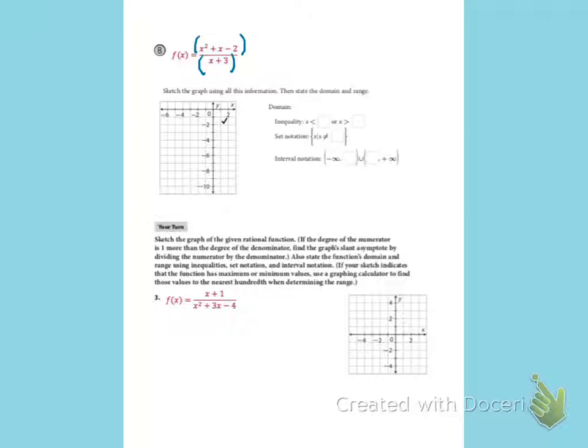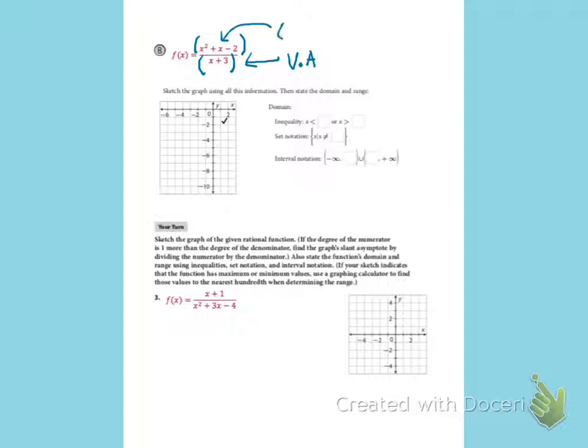But I know that I have to find those key features. And the first one I always think to look at is the denominator, which tells me the vertical asymptotes or whether there's holes. And so just to be safe that maybe there's not like a hole here, I want to make sure I look to see if there's a factor of x plus 3 in the numerator. So I'm going to go ahead and take that numerator and factor it down.